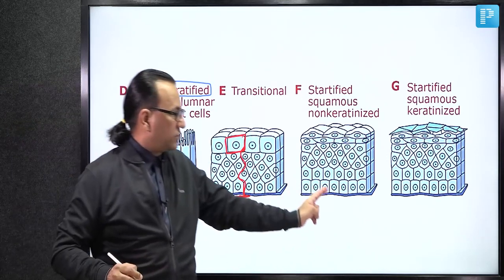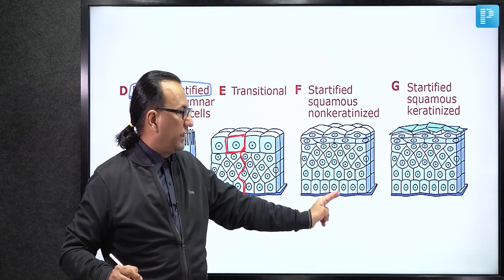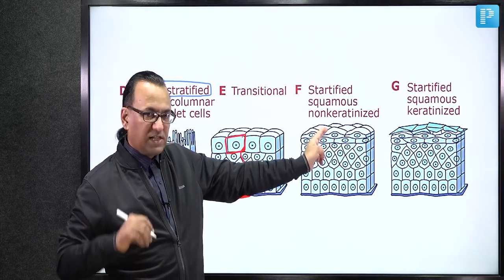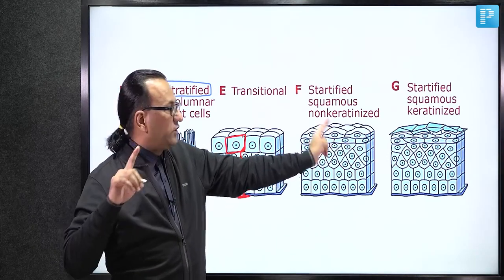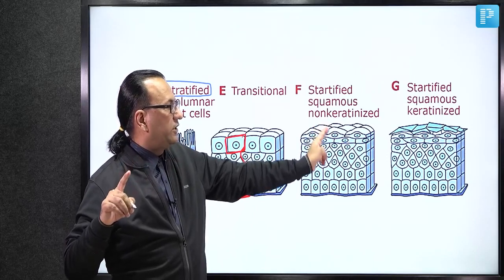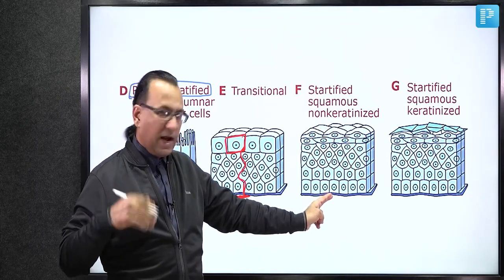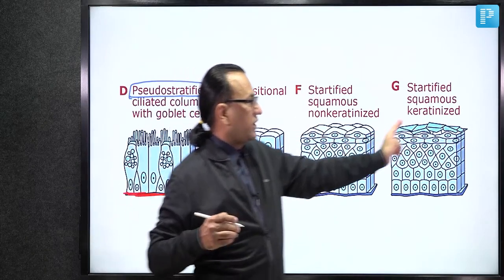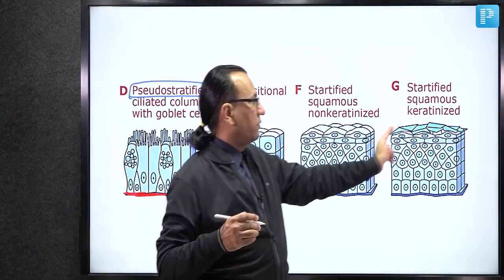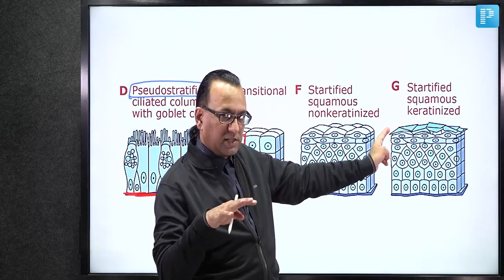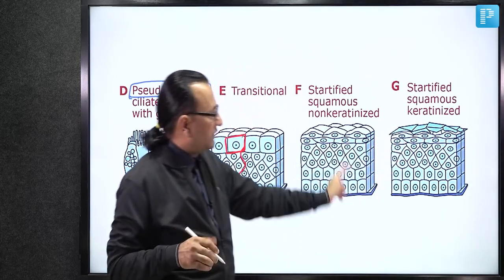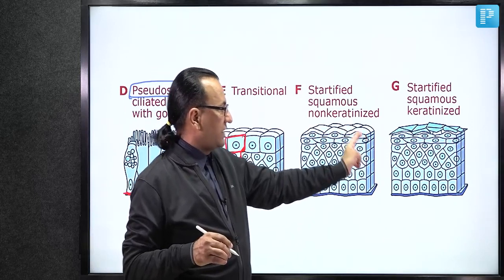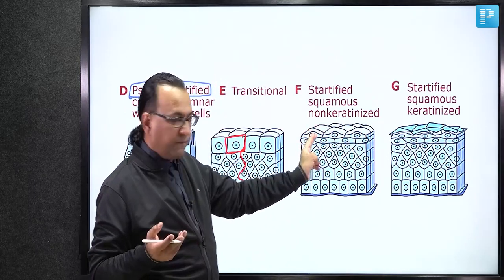But here, when we are talking about proper stratified, it is seen cells are sitting above each other and the superficial cells towards the surface have no cytoplasmic communication with the basement membrane. And as we have seen, the stratified epithelium can be non-keratinized versus keratinized. In the keratinized, the superficial cells will be dead cells with no nuclei, whereas if it is non-keratinized, even the superficial cells are living cells and they do have nuclei comparatively.